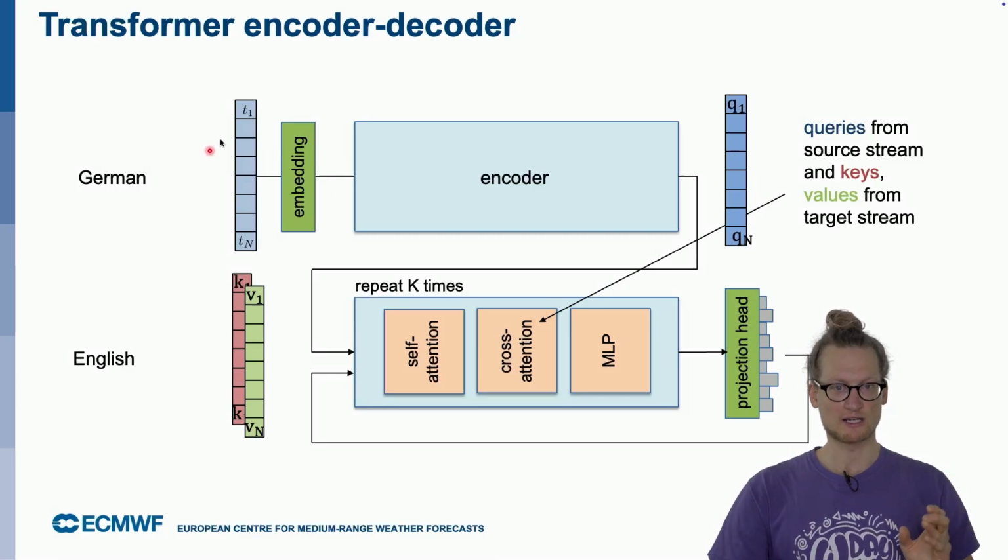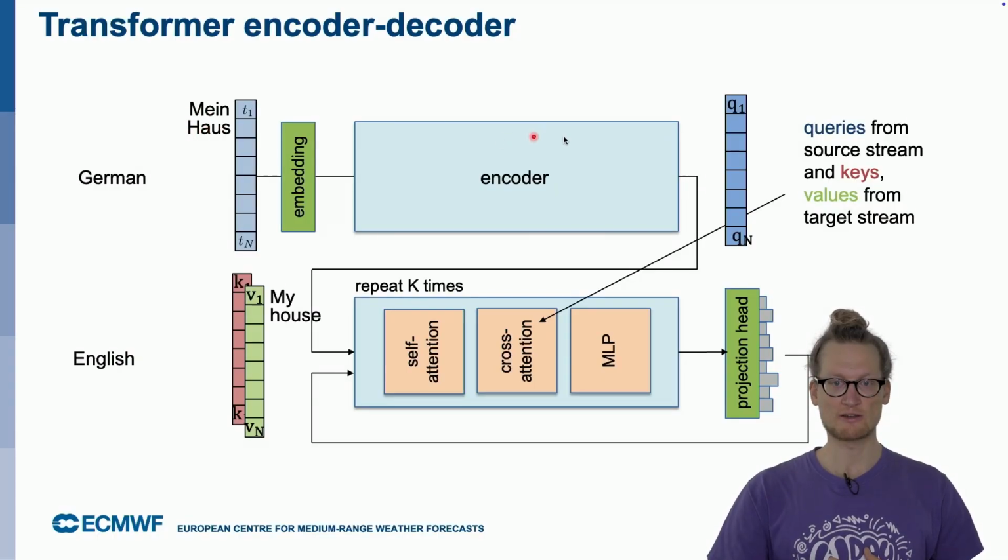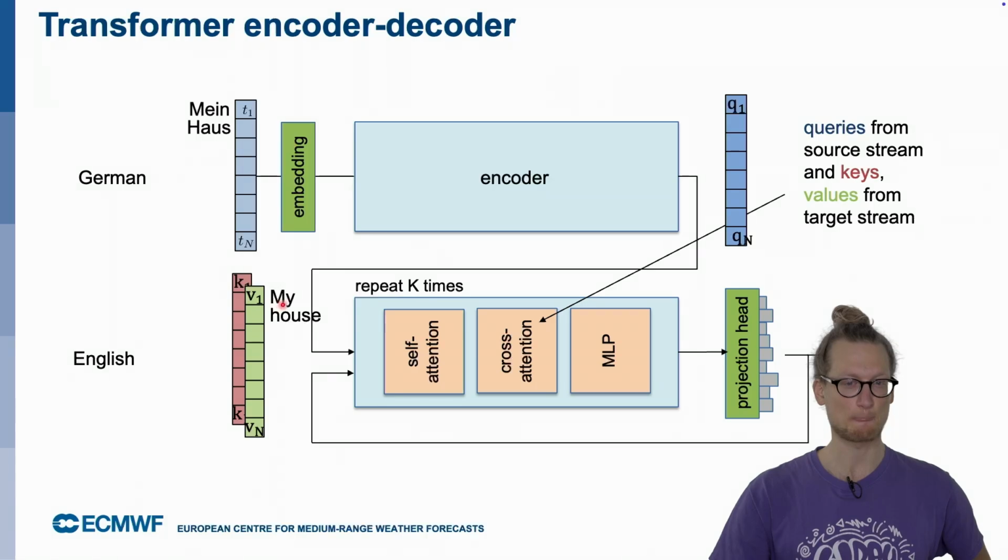For example, you have German, it might be "mein Haus", and then you have a latent representation that stands for "mein", and a latent representation that stands for "Haus". But that would be language agnostic, because now what you can do is take that latent representation for "mein" and try to find similarities in English, and then ideally what should come up is "my".